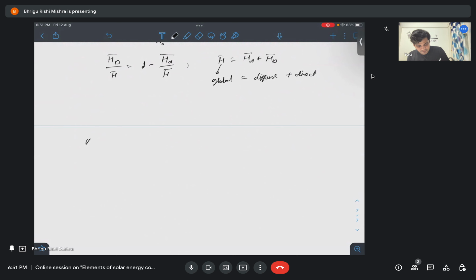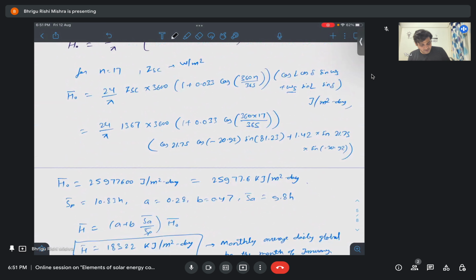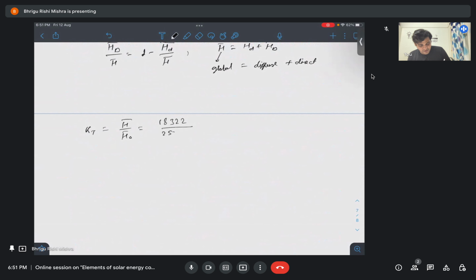So KT will be H bar by H naught bar, and H bar is 18322, and H naught bar is 25977.6. So the ratio of these comes out around 0.7053.